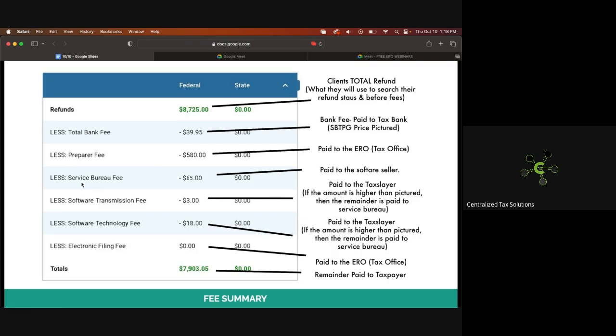They would typically add it to the software transmission or technology fee within TaxSlayer, but I have seen them add it as a service bureau fee. Either way, you're still paying more than what you could be paying.